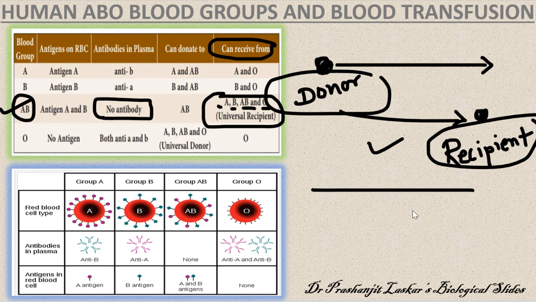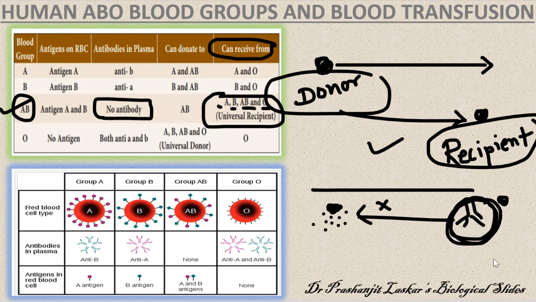In incompatible blood transfusion, the antigens of the donor's blood are attacked by the antibodies of the recipient's blood. This causes clumping of donor's RBCs inside the recipient's or patient's body.